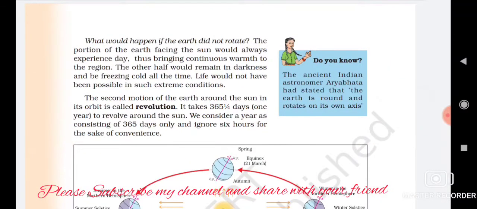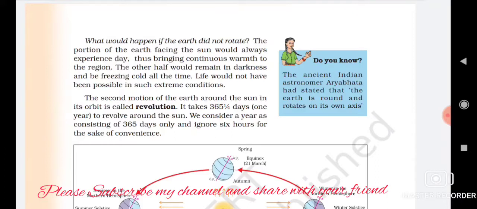What would happen if the earth did not rotate? The portion of the earth facing the sun would always experience day. We couldn't experience day and night, because the earth takes 24 hours to complete one rotation on its own axis.